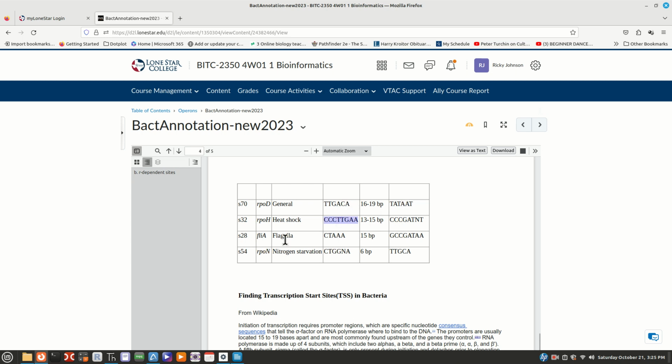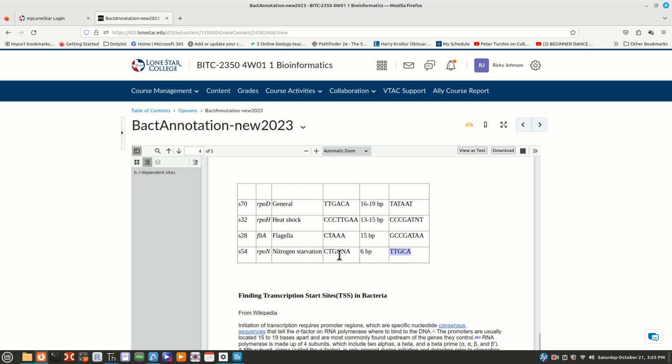Now, if you have a gene that is based on building the flagella, for some reason it has its own protein that recognizes this sequence, and then nitrogen starvation. And I believe maybe this last one is the most likely for any of the operons you have.